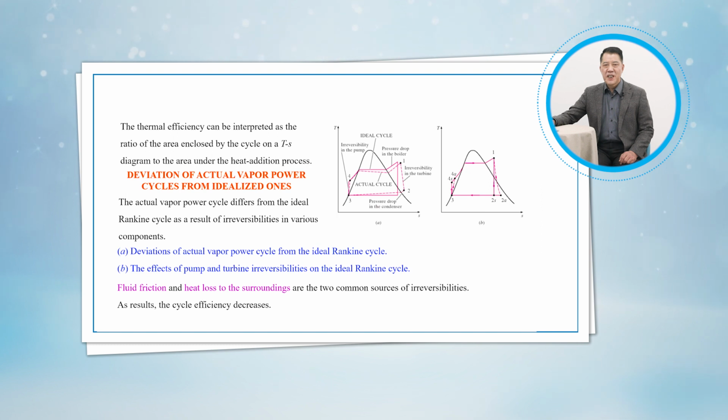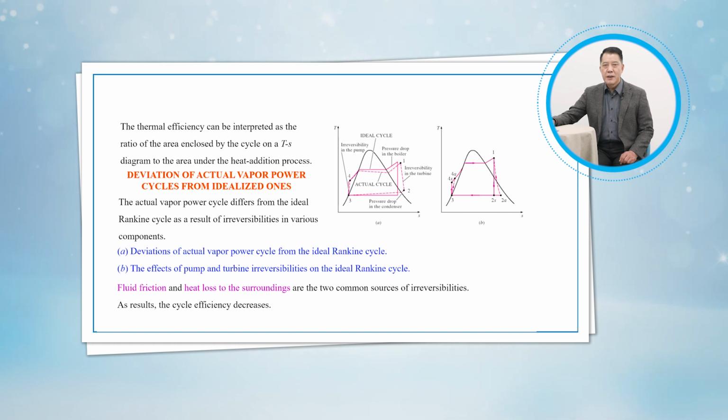Fluid friction and heat loss to the surroundings are the two common sources of irreversibilities. Fluid friction causes pressure drops in the boiler, the condenser, and the piping between various components.